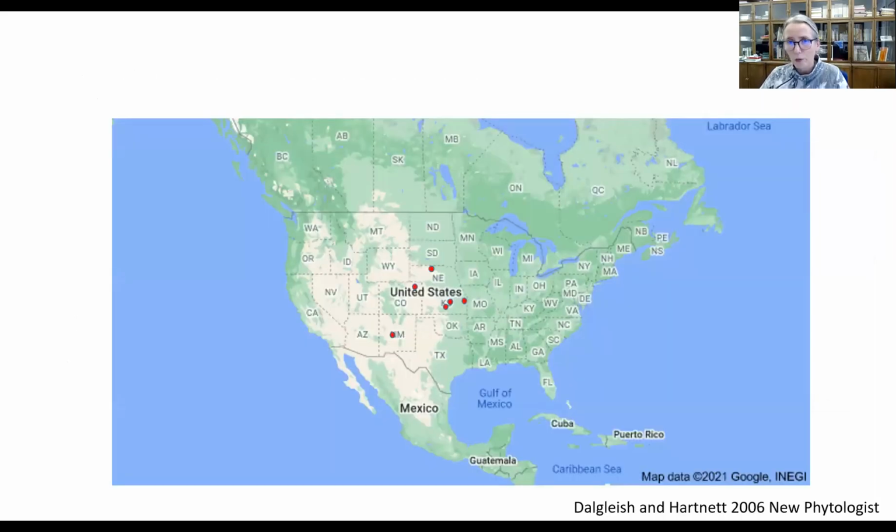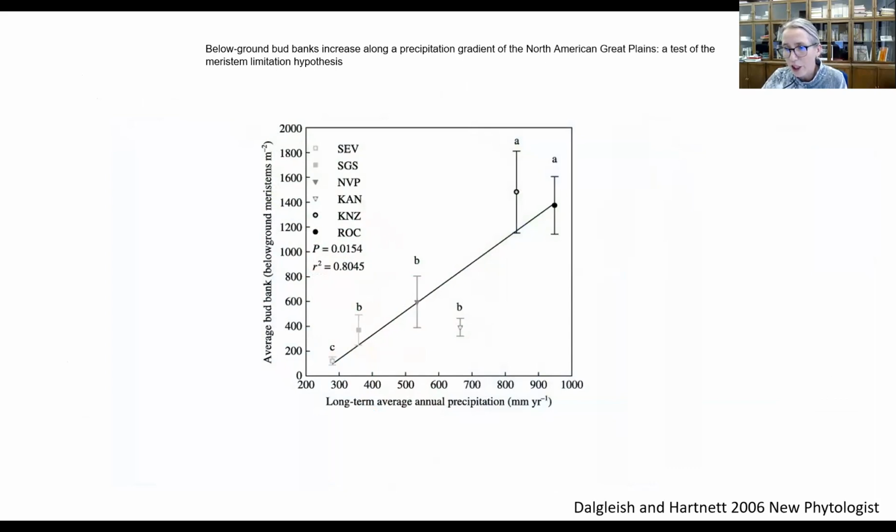And I will show you 2 examples. So these American data are from plains, from precipitation gradient, from Dalglish and Hartnett. It was published 2006 in New Phytologist, and you see these few places from different prairies. There is long-term annual precipitation and average bud bank per 1 square meter. And you can see that it is decreasing towards a dry condition.